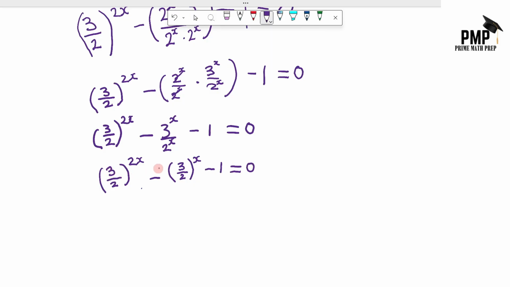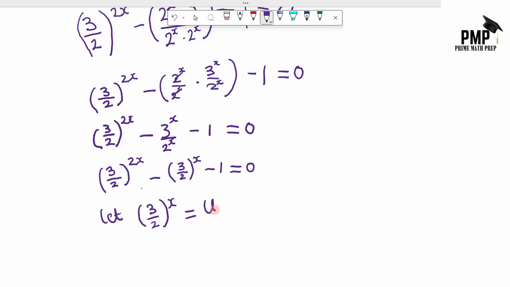When we look at this equation, we can see that there is something repeating in the expression on the left hand side, which is 3 over 2 to the power of x. We can still find it in the first number. So we can say let this repeating number, 3 over 2 to the power of x, be equal to u.